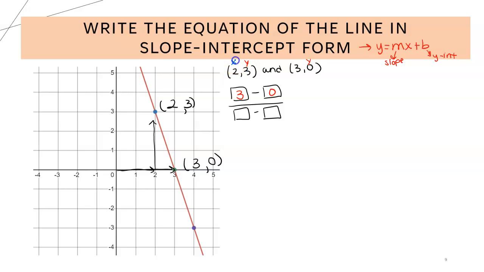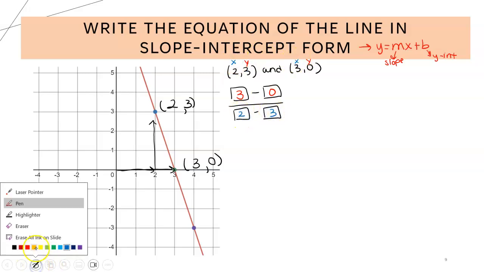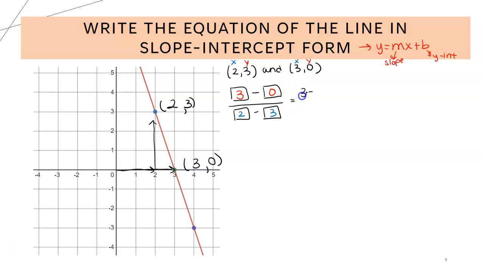And then I'm going to subtract my x's, 2 minus 3. What that ends up giving me is 3 minus 0 and 2 minus 3, which is 3 over -1. And I can reduce that to -3. This is my slope, which is also known as your m. All right, so we know the slope of that line.